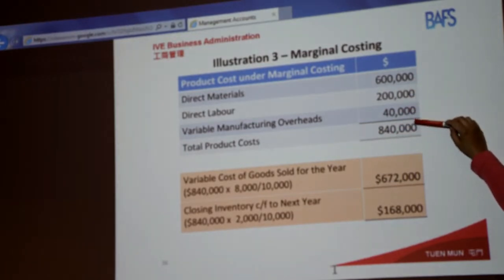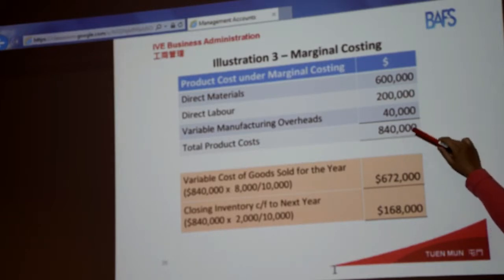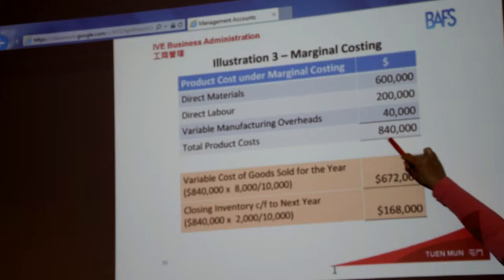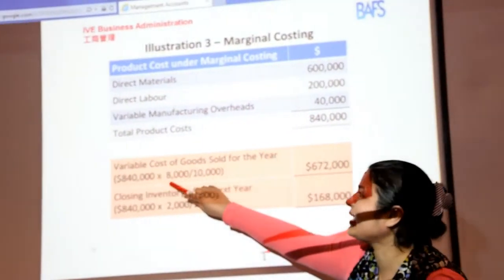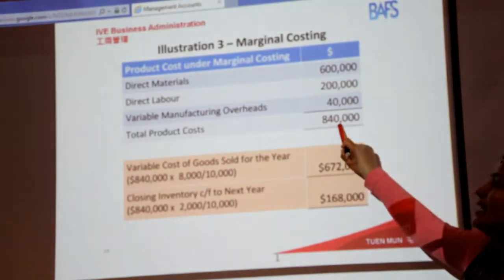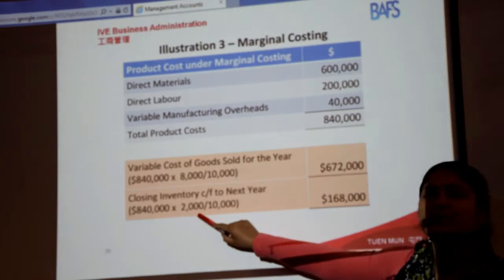If we add them together, it gives us the product cost, which relates to the manufacturing of the product. But to understand that, this is the product cost for the 10,000 units that we have produced. Again, because we have just sold 8,000 units, we have to calculate how much of this is for 8,000 units and how much is for 2,000 units.